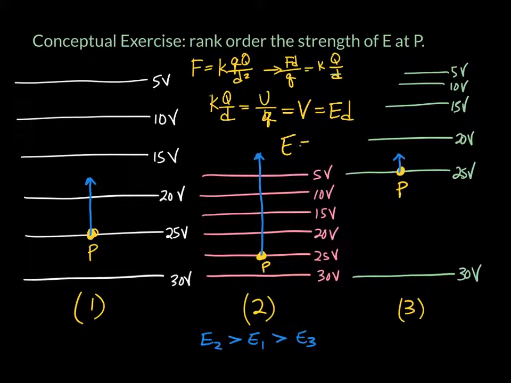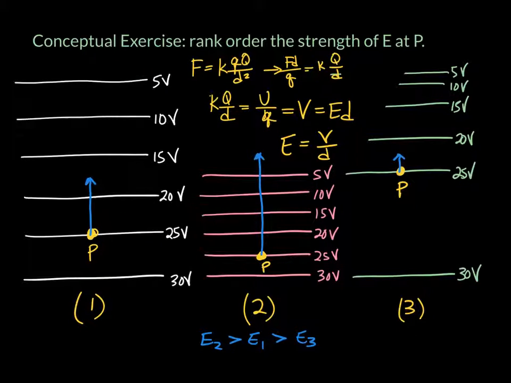And electric field is volts per distance. If you remember back to the simulation, which you've used 3 or 4 times now, what was the electric field? It was volts per meter, which is the same as newtons per coulomb. Okay? And so the number of volts per distance. And so I have a shorter trip.